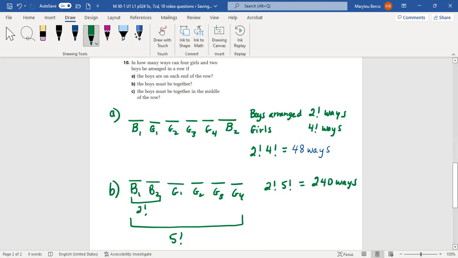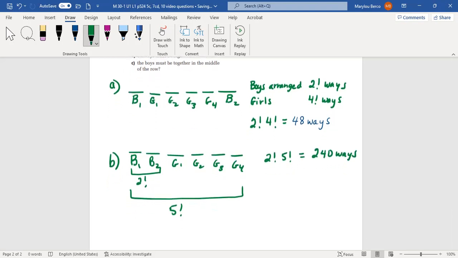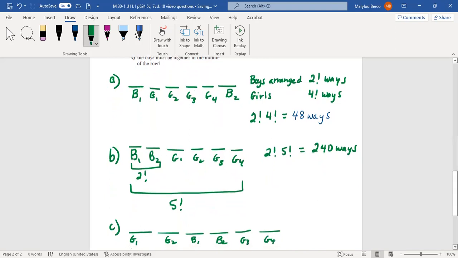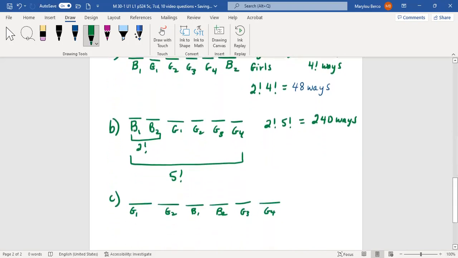Last one for now. We'll take a look at C. The boys must be together in the middle of the row. So what I have here is girl 1, girl 2, boy 1, boy 2, and these two can be switched, but they have to be in the middle. Girl 3 and girl 4. Okay, so the boys essentially have to stay in the middle.